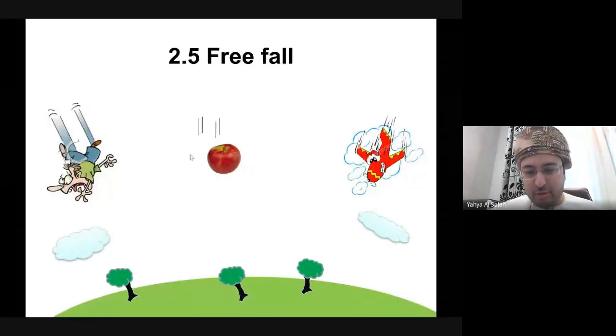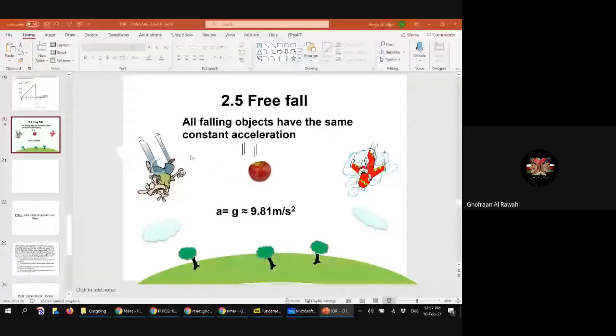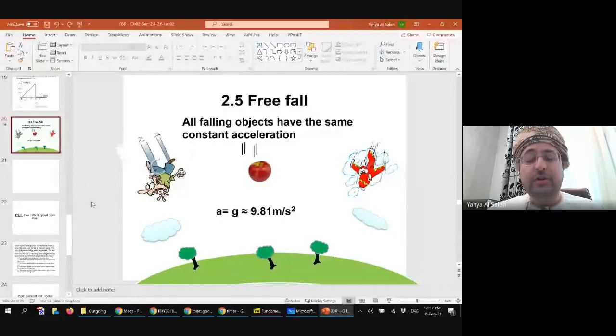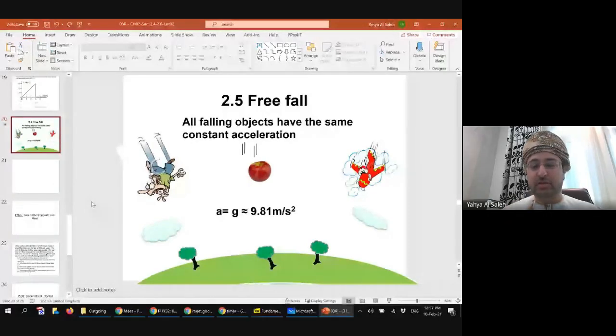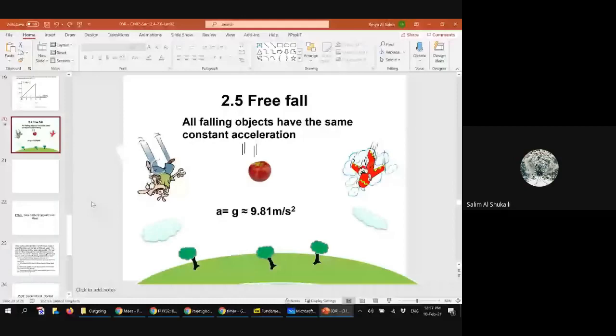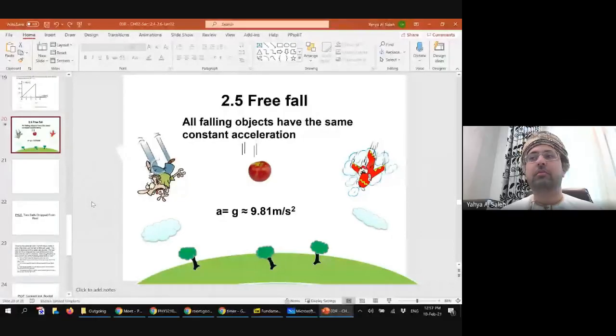Let me show you a video. When there's no air, the mass doesn't matter. Okay, so when there's no air, the mass doesn't matter. Does that mean they all accelerate at the same rate? Yes. Does that mean they have the same velocity? No. Okay, let's look at a video and then we can talk about it.